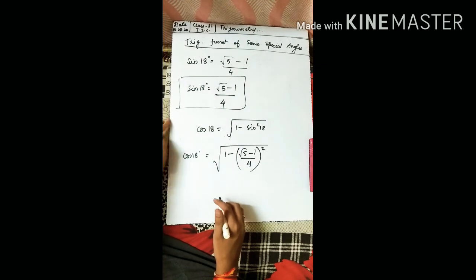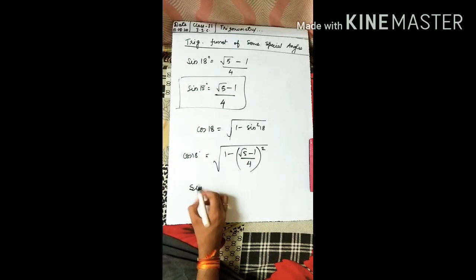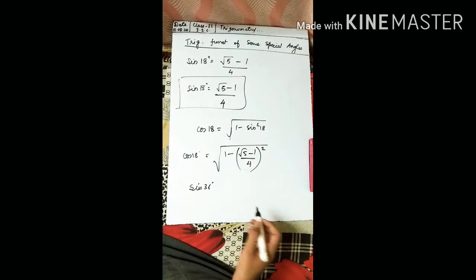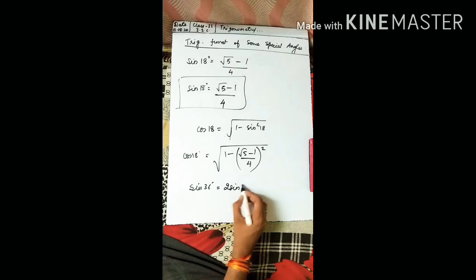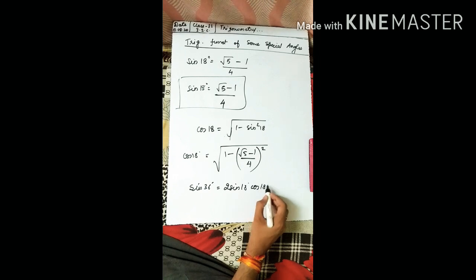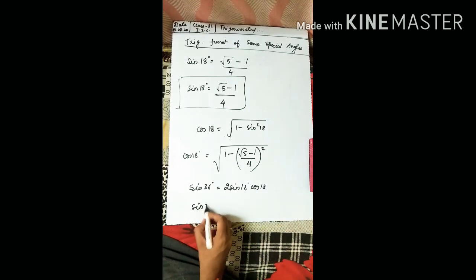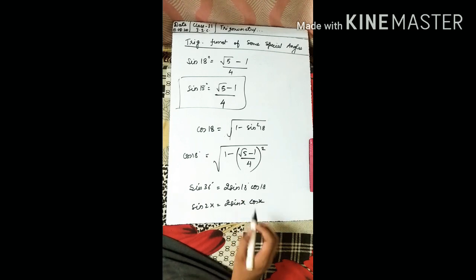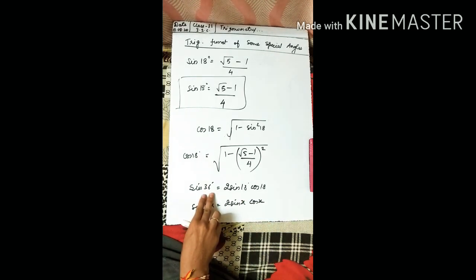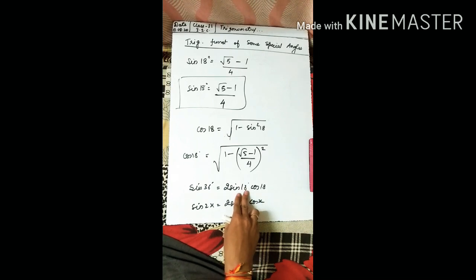Now, can you find the value of sin 36 degree? Yes, we can easily find this. This is nothing but 2 sin 18 degree cos 18 degree, because we have the identity of sin 2x, that is 2 sin x cos x. If 2x is equal to 36, then what will be your x? 18, right?